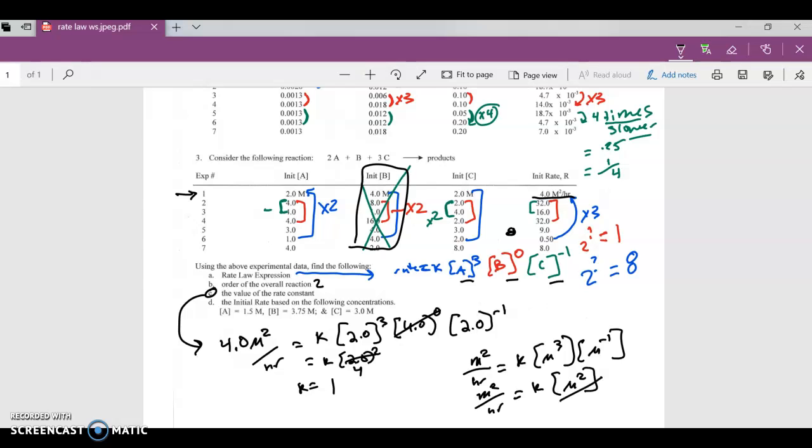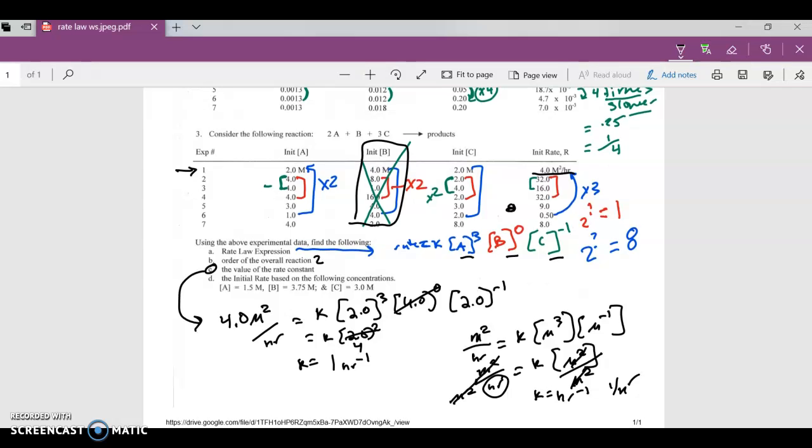So I'm going to divide both sides by molarity squared, and those cancel. And I'm left with just this per hour. So the units of K is going to be hours to negative 1, or 1 over hours, however you want to go. I'm saying hours to negative 1. So in other words, I just looked at my units and saw how it all canceled out.